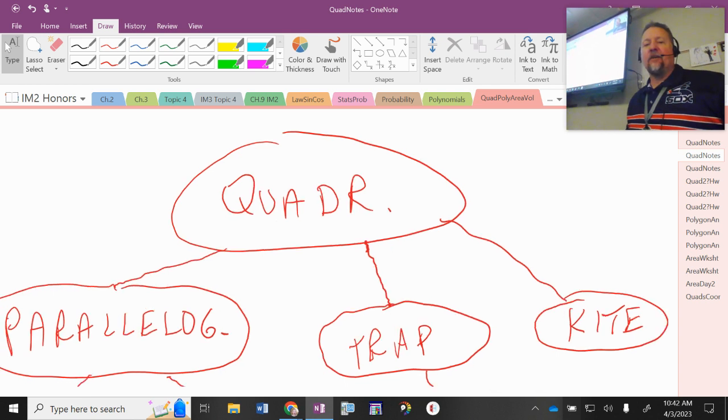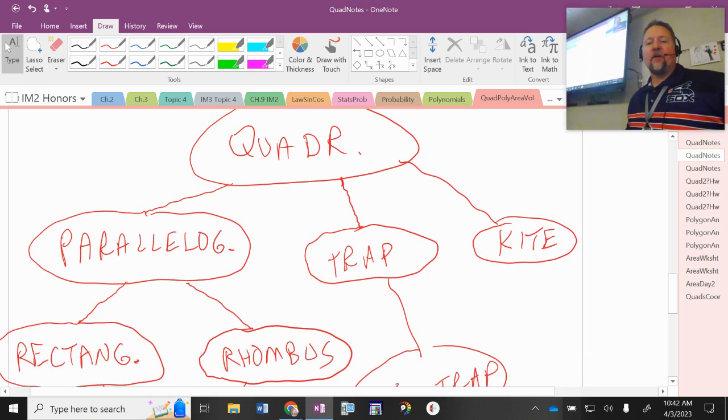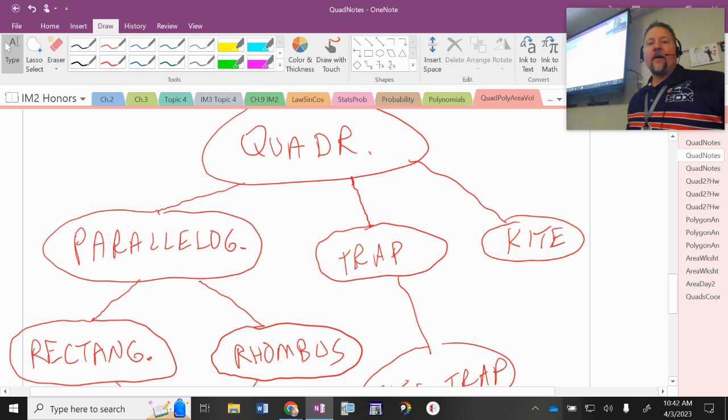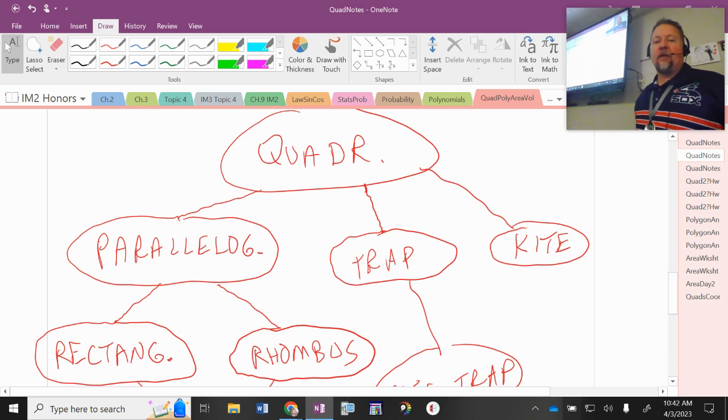Obviously, trapezoid has an isosceles trapezoid below it. Whereas parallelogram, the next 2 family members were rectangles and rhombuses. So, is a rhombus a parallelogram? Sometimes, always, never. 3, 2, 1, go.